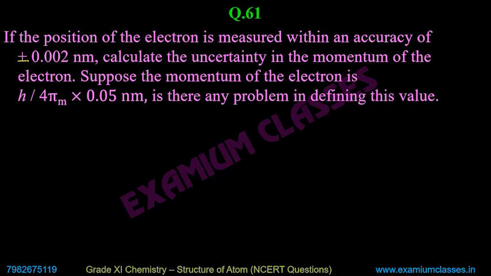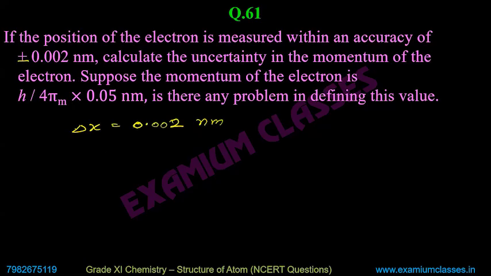The first part is very easy, because the uncertainty in position is delta x, which is given as 0.002 nanometer.